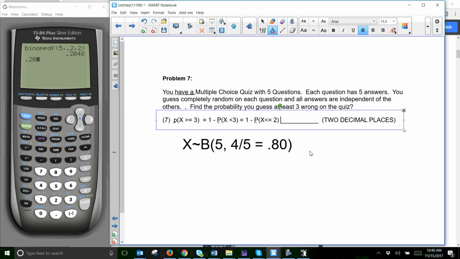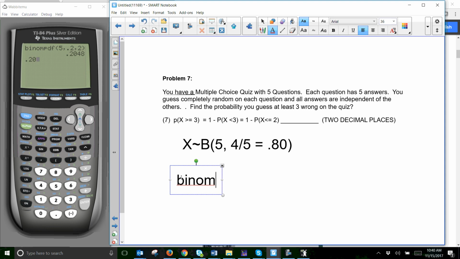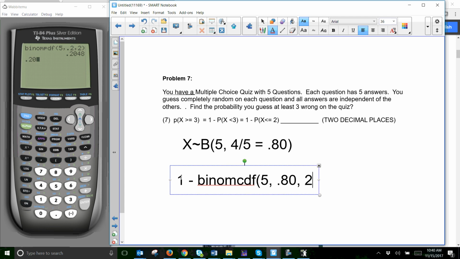And then we can go ahead and put this in our calculator as 1 minus binomial CDF, 5, 0.8, 2, which, let's see, second bars, let's clear that out.